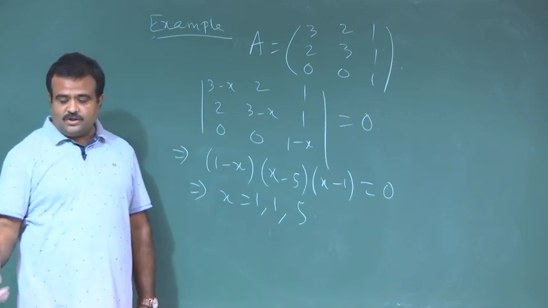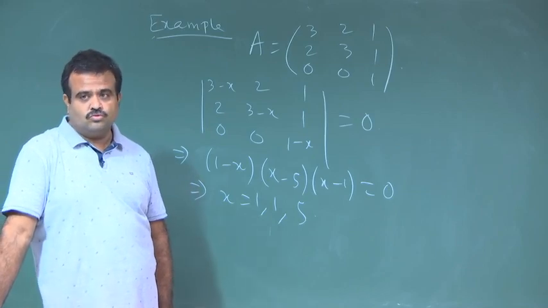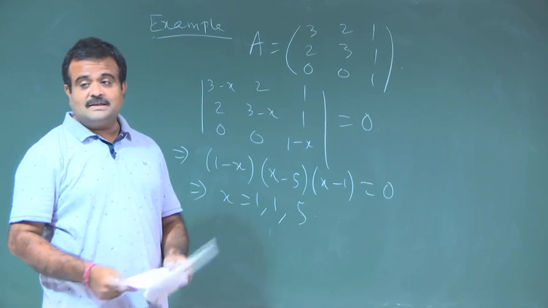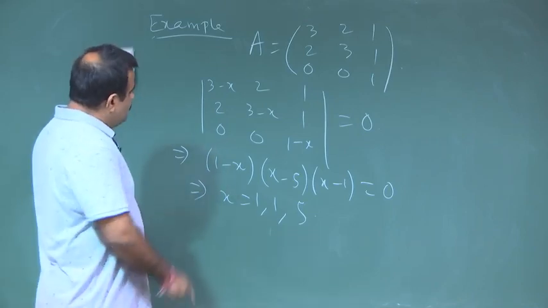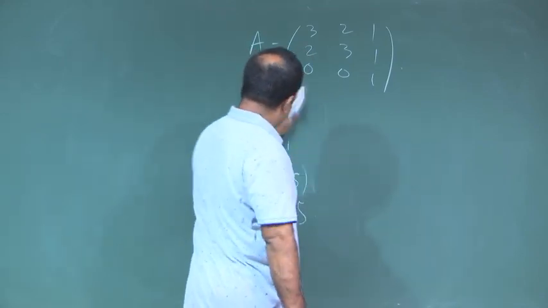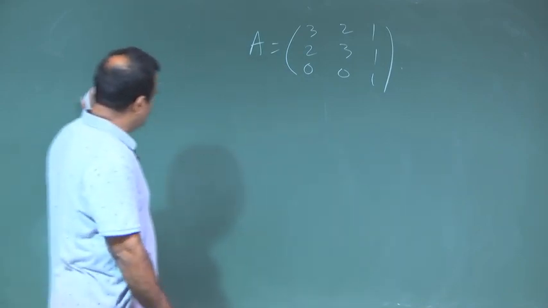For 1 we need the geometric multiplicity to also be 2. It must be at most 2, because geometric multiplicity is less than or equal to algebraic multiplicity. So we have to find the eigenvectors corresponding to 1, and if we can get two distinct eigenvectors corresponding to 1, then we are done.